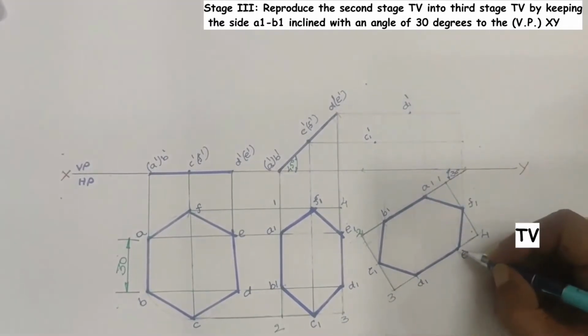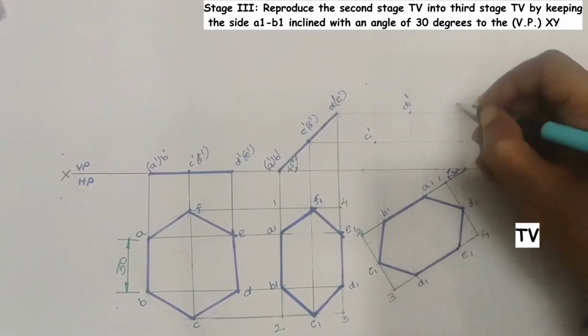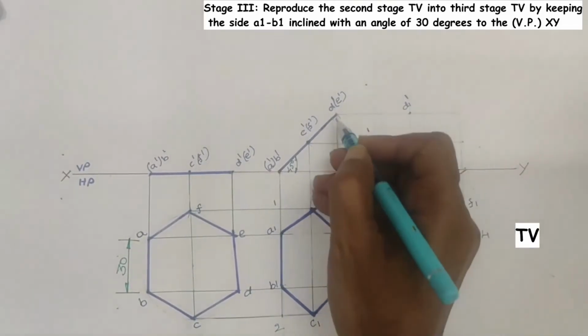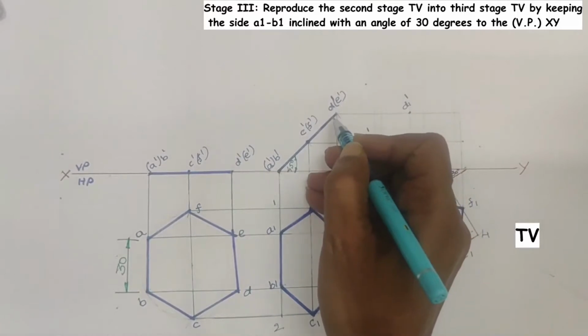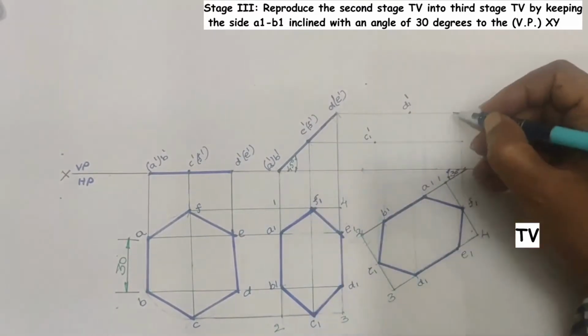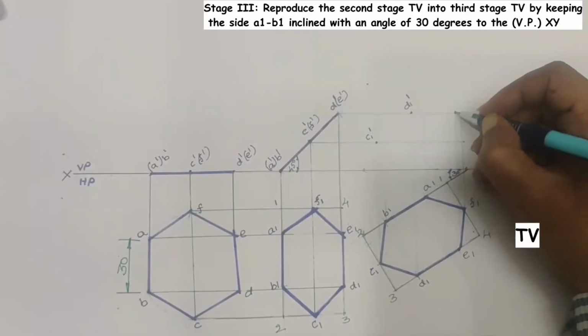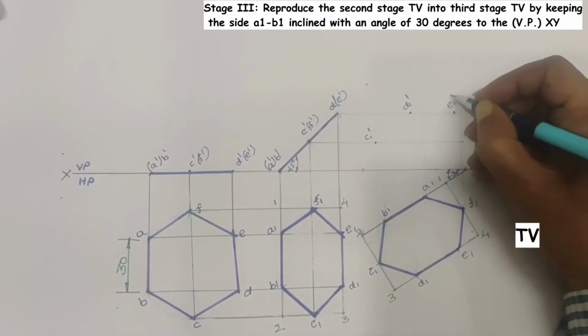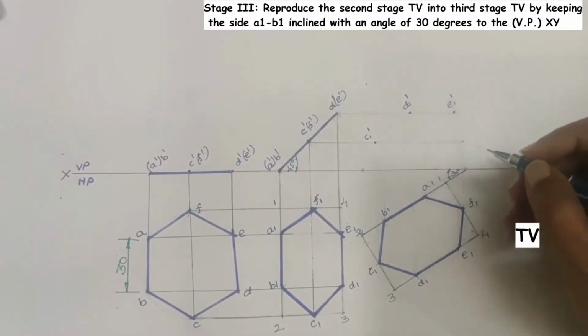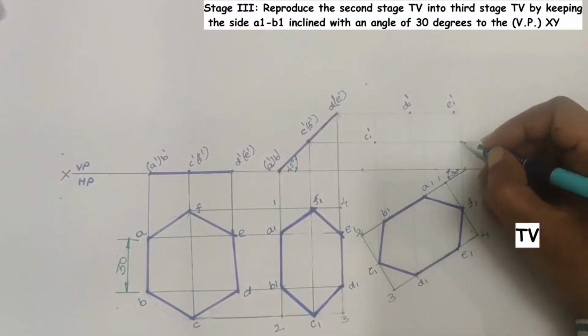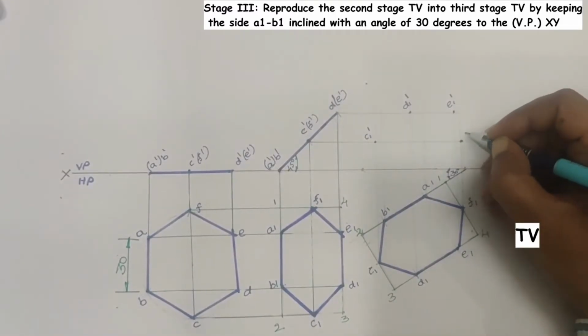Then this is the projector going through third stage top view point, say E1, and this is the projector coming from second stage front view point, say E dash, and both are meeting at this particular point; name this point as E1 dash. Similarly, locate remaining intersection points.